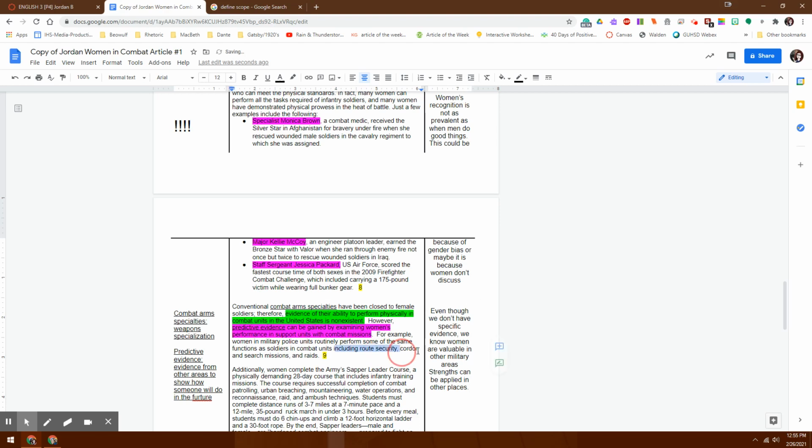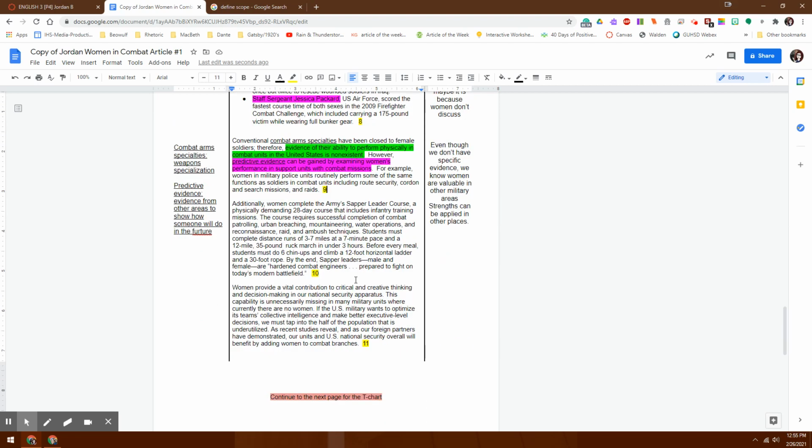And then I'm not really concerned about knowing exactly what these are, except that there are other things. Route security is where they're looking at how you're going to get from one place to another, how secure it is. Search missions, raids, I don't need to define those necessarily. I just know that there are other parts of the military unit that women have been involved in. Okay.